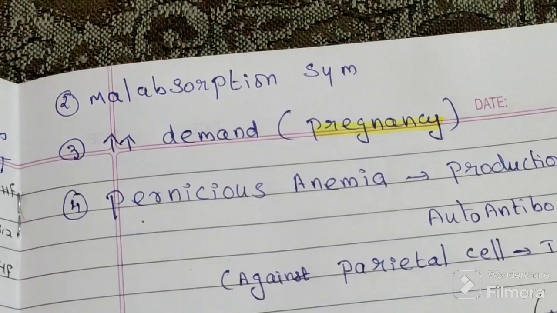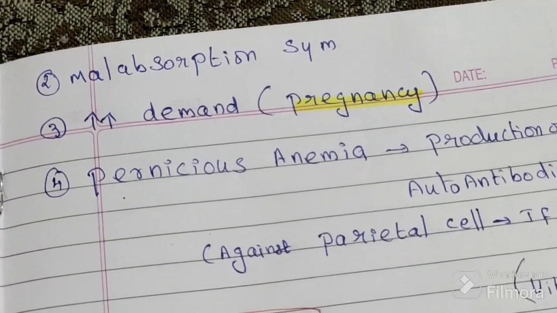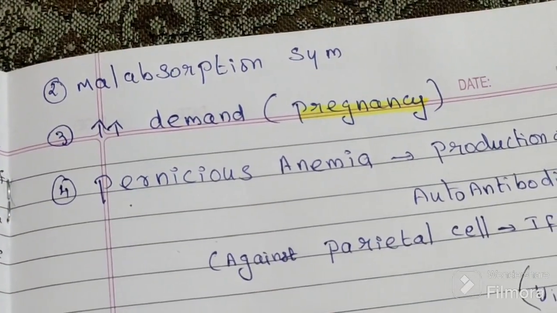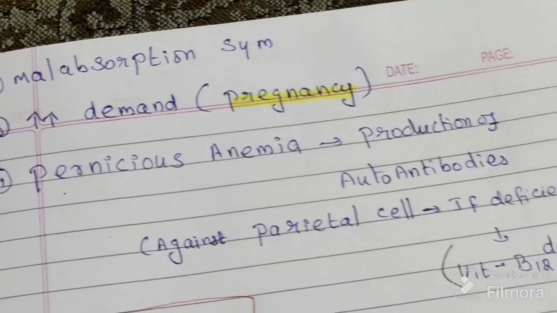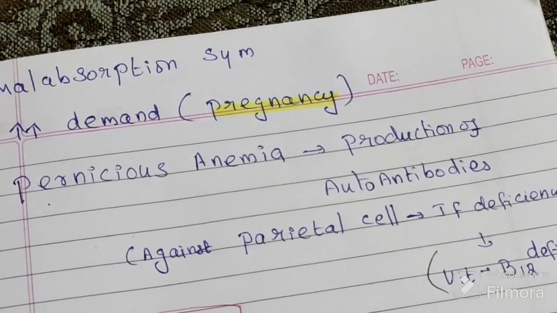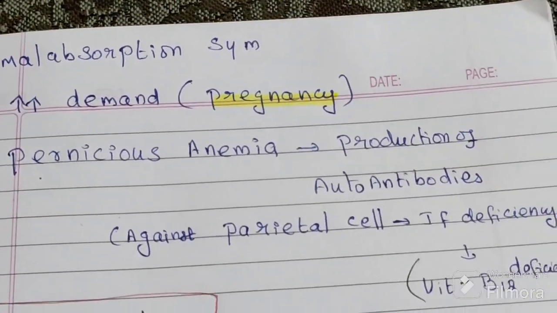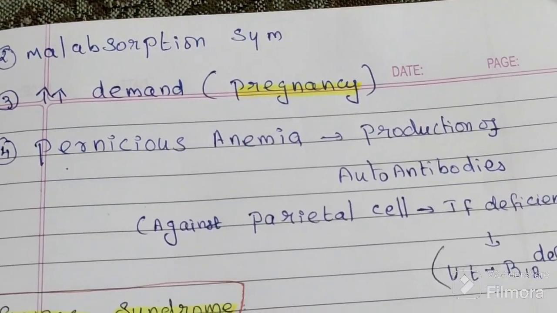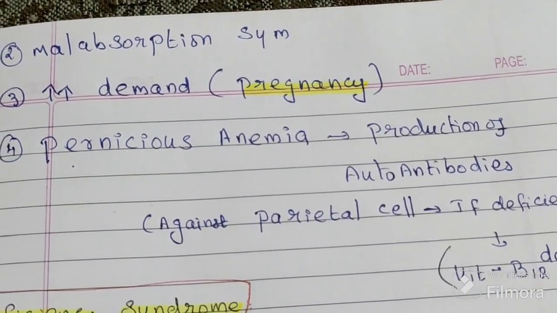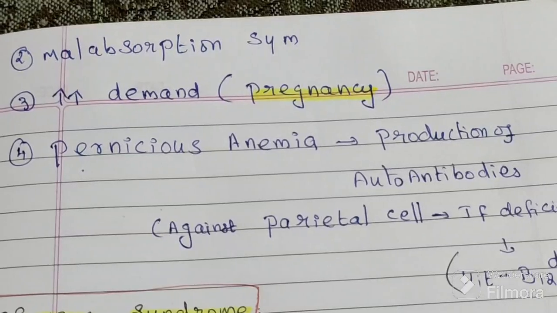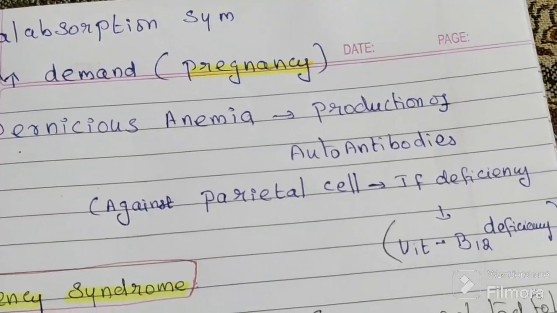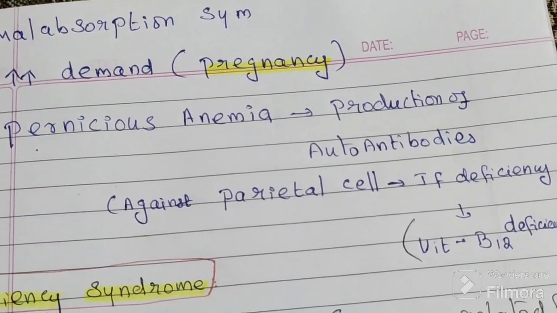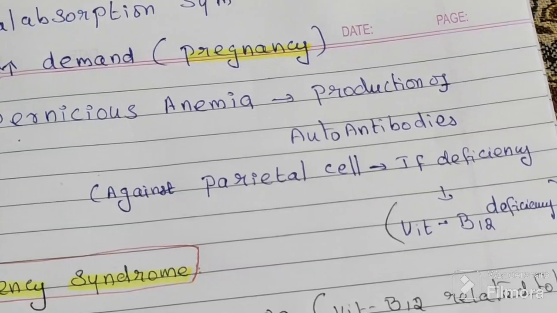The fourth important cause is pernicious anemia. In pernicious anemia, there is production of autoantibodies against the parietal cells. That's why there is deficiency of intrinsic factor, and due to this deficiency of intrinsic factor, there is deficiency of vitamin B12.